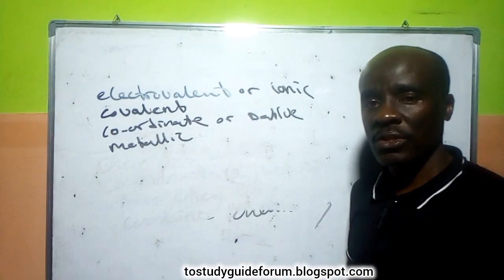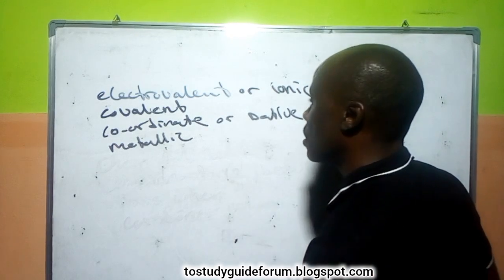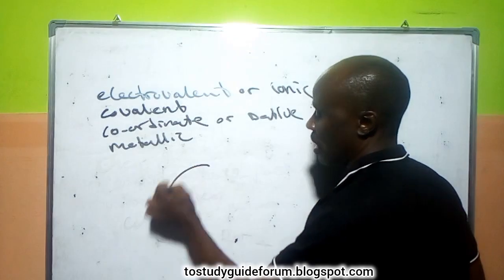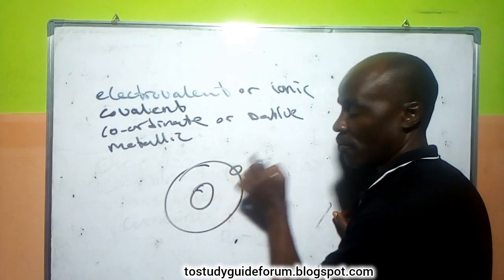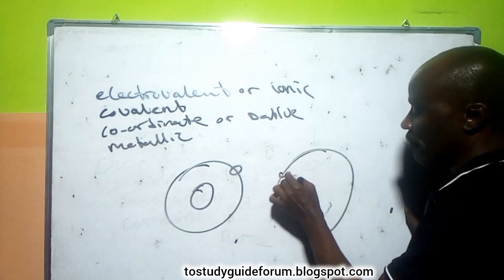In this electrovalent bond, it's a kind of electron transfer that takes place. One is losing while the other is gaining. For example, sodium has one electron in the atomic shell, and chlorine has 7 electrons.